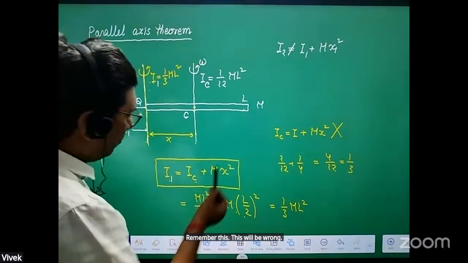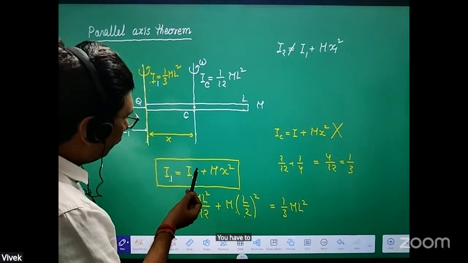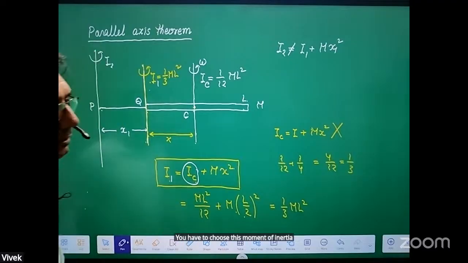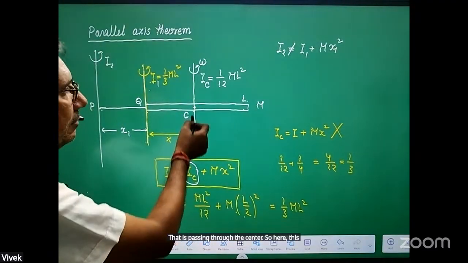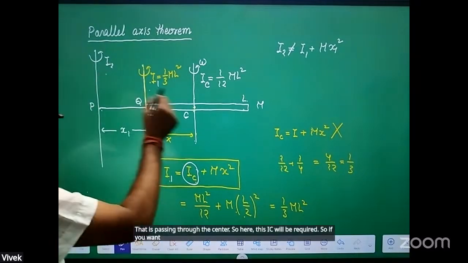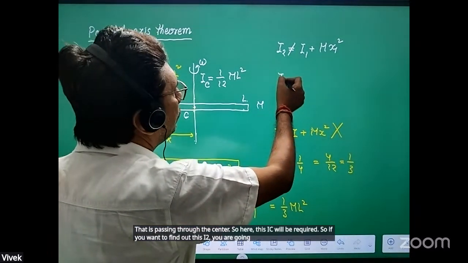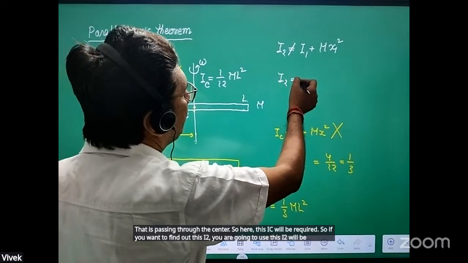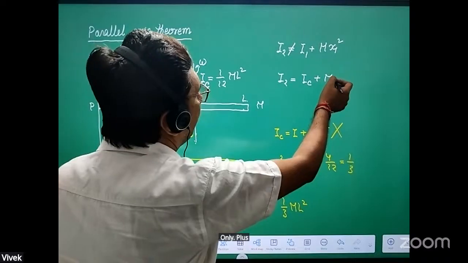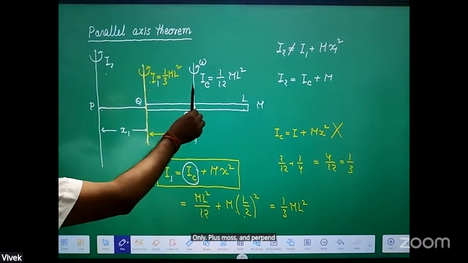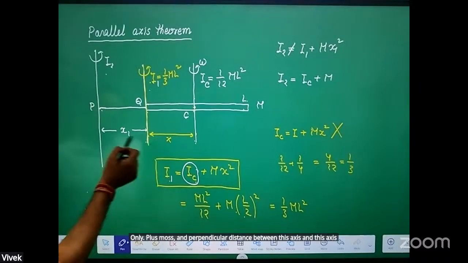Here, at this position, you have to choose the moment of inertia about an axis that is passing through the center. So here this IC will be required. If you want to find out this I2, I2 will be equal to IC only, plus mass m and the perpendicular distance between this axis and this axis, which is x plus x1.